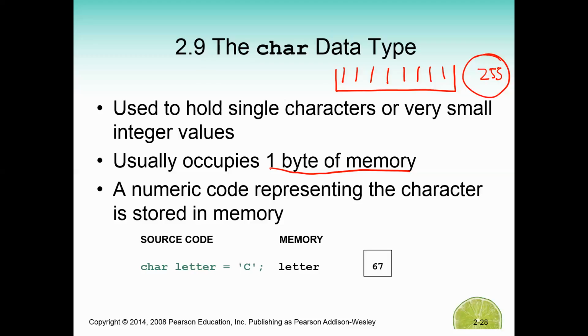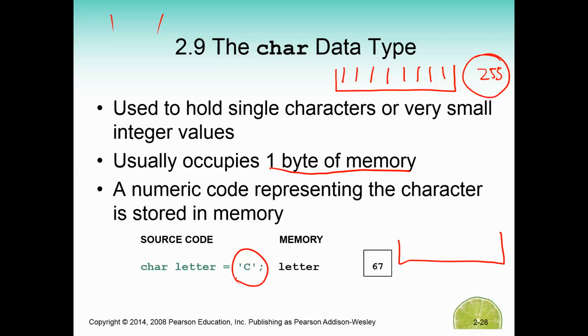So that's why it's going to be a single character. And a single character, if it's a constant, is going to be enclosed in single quotes. So let's see. If we have the letter C, remember, inside main memory it is not stored as the letter itself. It's stored as signals representing the letter C. The decimal representation is going to be 67.